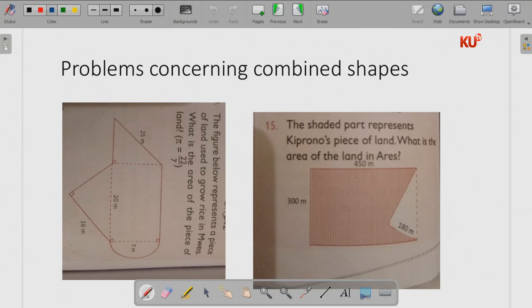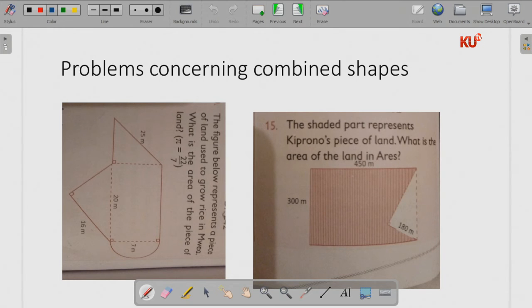I know up to now you know how to find the area of a semicircle, half pi r square. That's on the lower side. You know how to find the area of a rectangle, which will be length times width, 20 times 7. Now the challenge is with the triangles, because if we check our upper triangle, we have been given only one side.